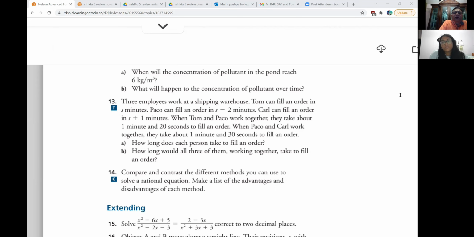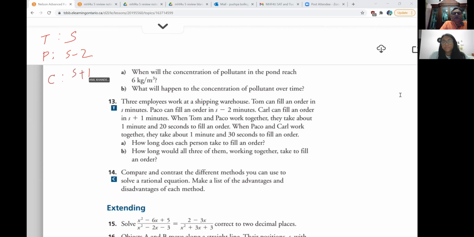Okay, so let's write down the speed of each person. For Tom, it is S minutes. For Paco, it is S minus 2. And for Carl, it is S plus 1.